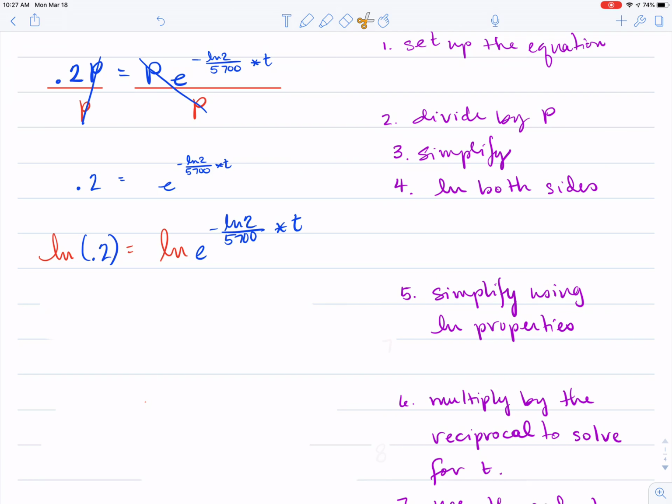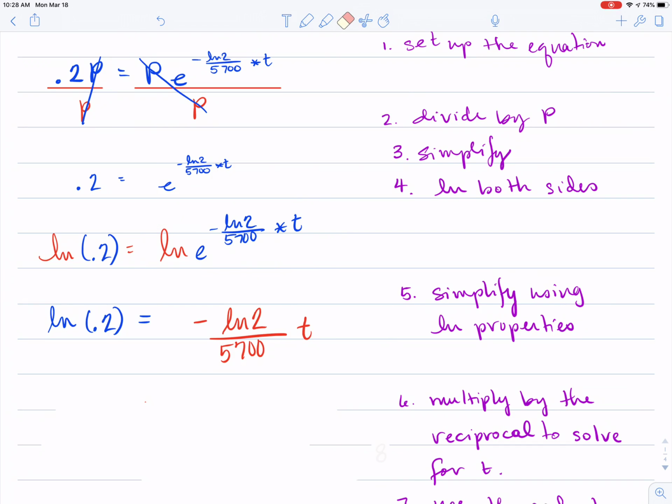You'll remember from a previous session, we have something like this in one of our log properties. And so we know that natural logs and e's will undo each other. This is going to only leave us with the power alone. We will not actually have the natural log or the e because they're undoing each other. So we've got just the power that's left over.